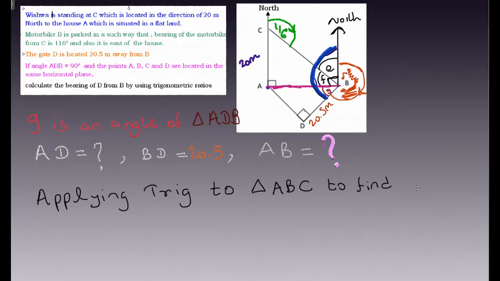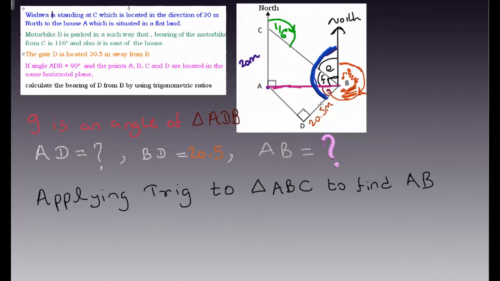Now you may be wondering, why on earth is he trying to find AB? The plan is this. Once we find AB, then we can apply trigonometry to the bottom triangle and find out angle G's magnitude. What is stopping us from applying trigonometry to triangle ABD?